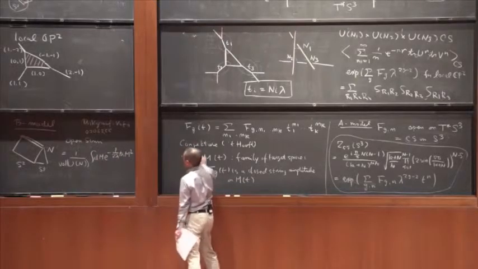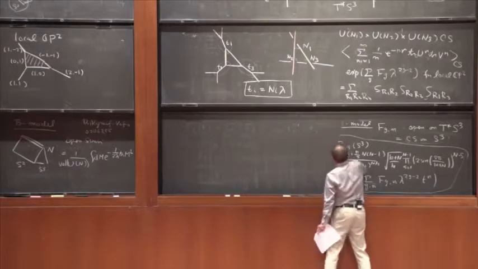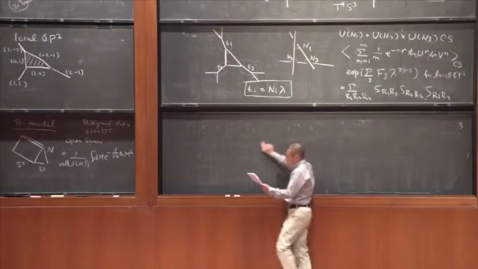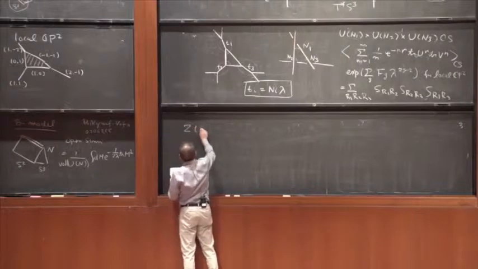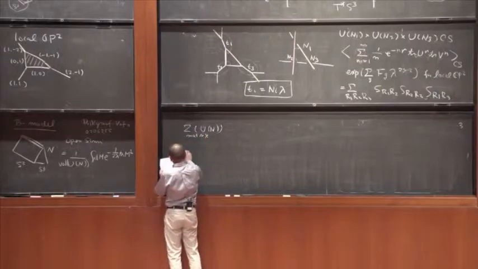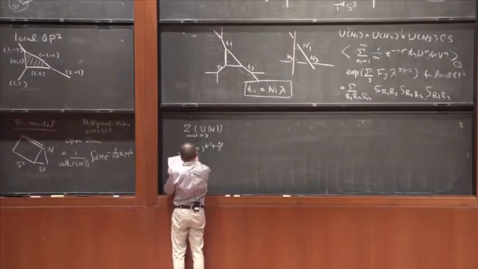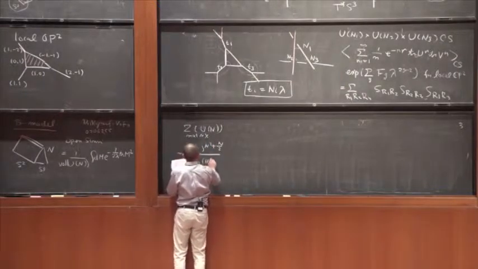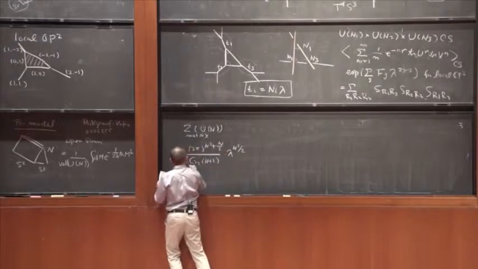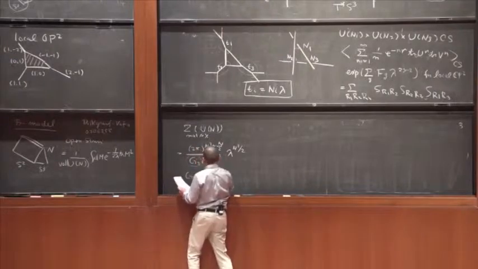And you can compute this exactly, and find that it is expressed by a generalization of the gamma function called the Barnes double gamma function, where the Barnes function is characterized by this type of recursion relation.